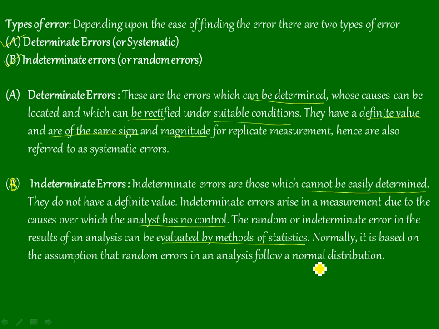So we have to assume that whatever random errors are there in an analysis, they will follow the normal distribution. That means their distribution will be a normal curve.